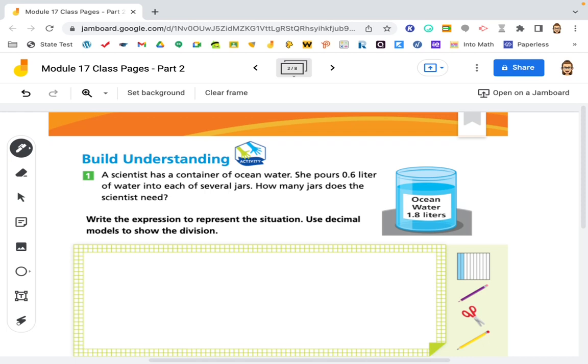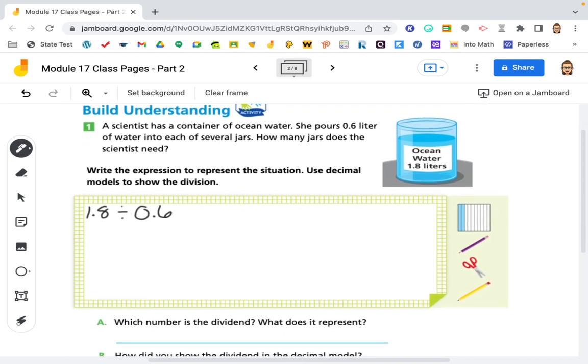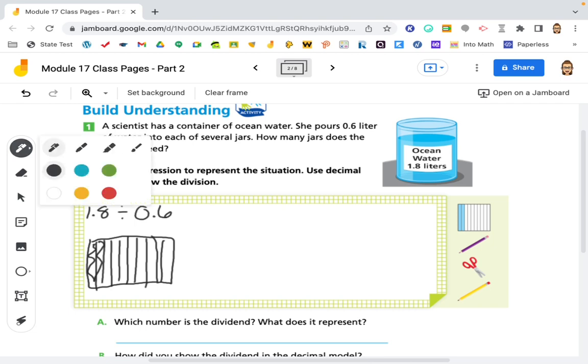Well, we're going to start with 1 8/10 divided by 6/10. So we're going to show that by splitting this up with 1, 2, 3, 4, 5, 6, 7, 8, 9, 10. And then all of these are going to be shaded. I'll shade with a different color.